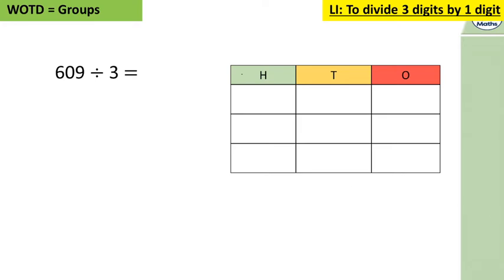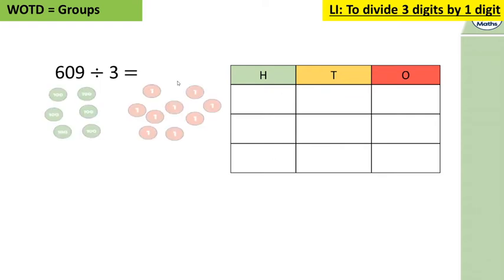So we need to have 3 rows here, because we're dividing by 3 and we're looking for 3 equal groups. So we're just going to represent that with our place value counters. So we've got 609. So if we divide our 600 into groups of 3, we're going to have 3 lots of 200.